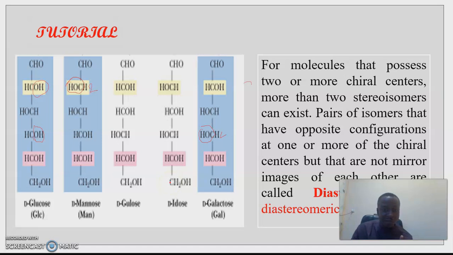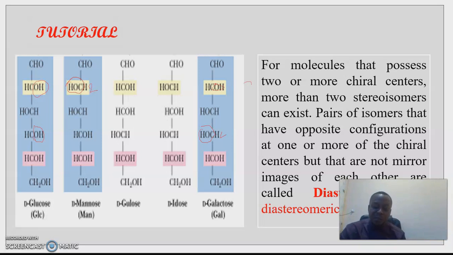They are different at carbon 2, where this is located on the left and this on the right. At carbon 3, it's the same. Carbon 4 is different. So they are different at both carbon 2 and carbon 4, which means mannose and galactose are diastereomers. If you are asked to name a diastereomer of mannose, you can name galactose. If you are asked to name a diastereomer of glucose, you can name talose.